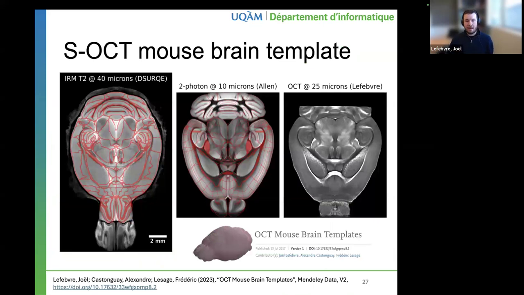So some of the things we did with our system: we created a template at 25 micron from the OCT, and that's published, so you have the link here. Our template is aligned to the Allen mouse brain template, so you can know which parts of the brain correspond to what.